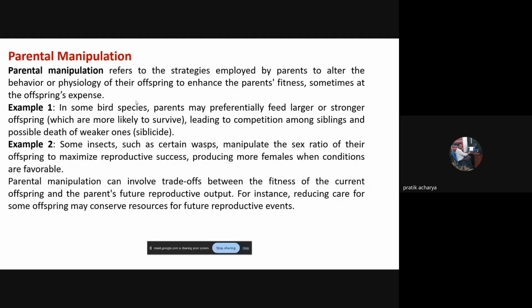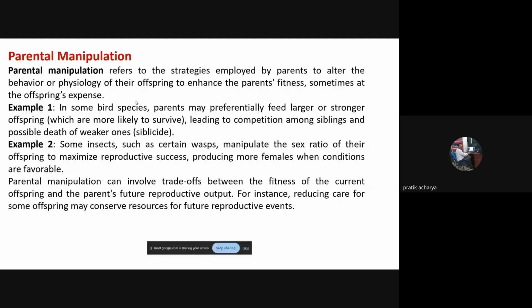In second, some insects manipulate the sex ratio of their offspring to maximize reproductive success, producing more females when conditions are favorable. So they try to produce a particular kind of offspring. That is also another manipulation. Generally, manipulation means you make a misbalance between the offspring and its survival. So these are different parental manipulations.